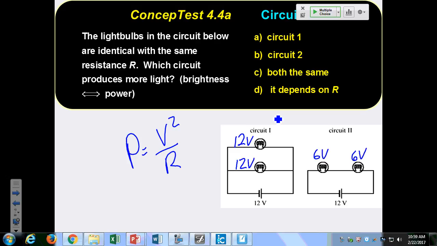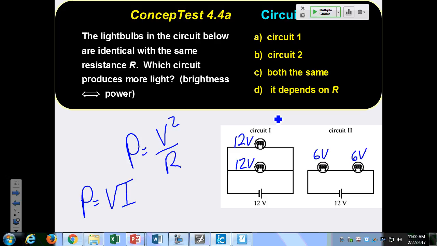So that's why I use that instead of using this one, which is sort of the more standard, because in this one, it's hard for me to tell because V and I are different for these resistors. They have different voltages, but they have different currents too. Now it turns out that the voltage and the current are bigger for these two, but that's just a little harder to think about.